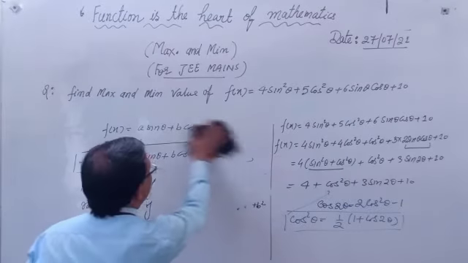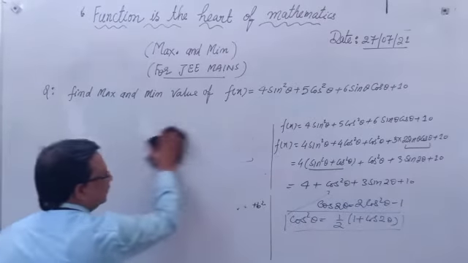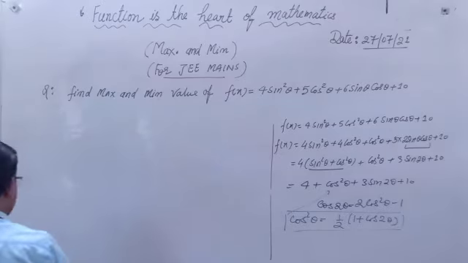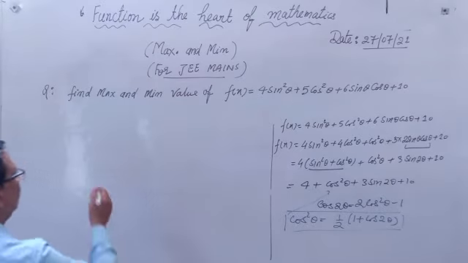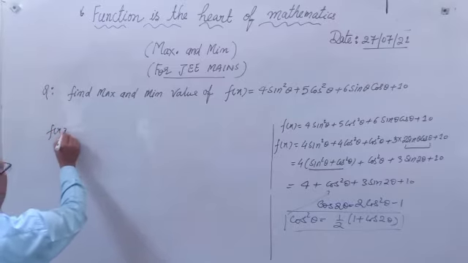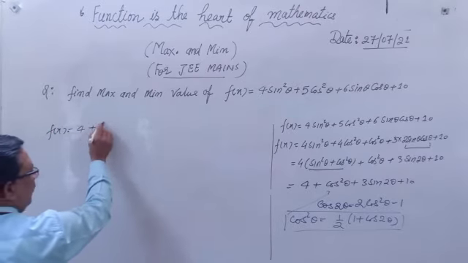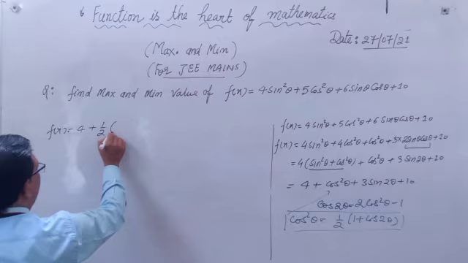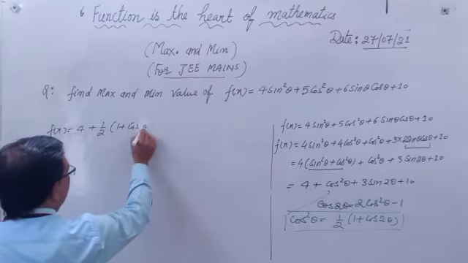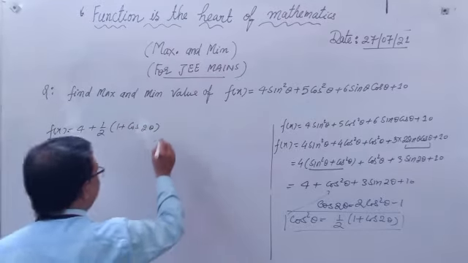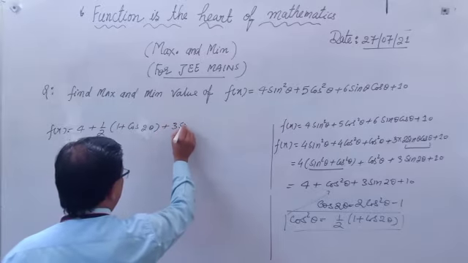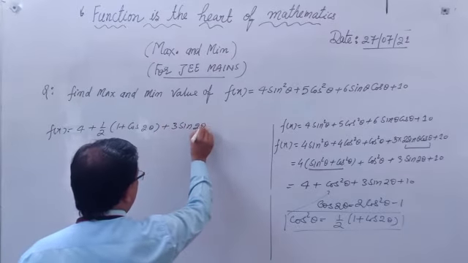Okay student, now our function becomes f(x) is equal to 4 plus 1 by 2 times (1 plus cos 2 theta) plus 3 sin 2 theta plus 10.